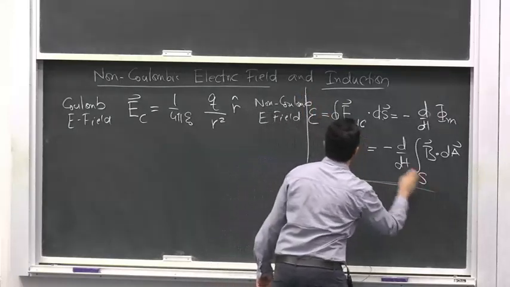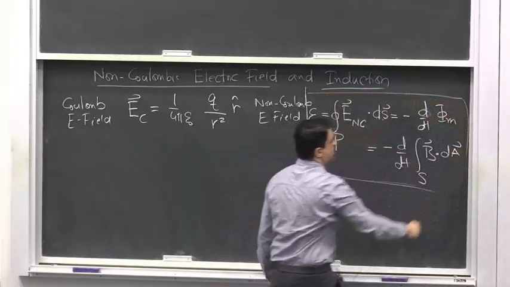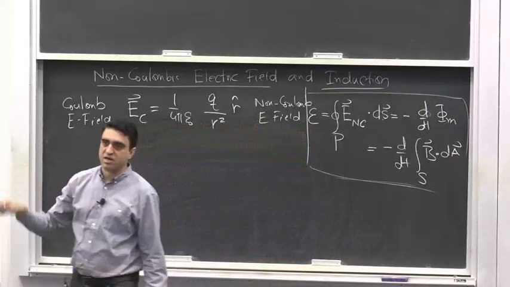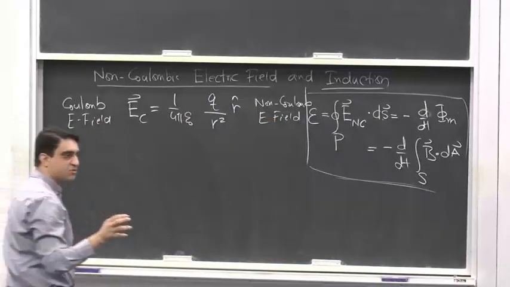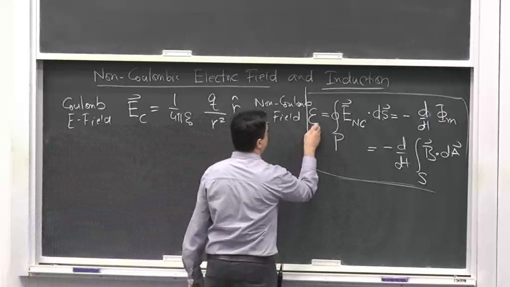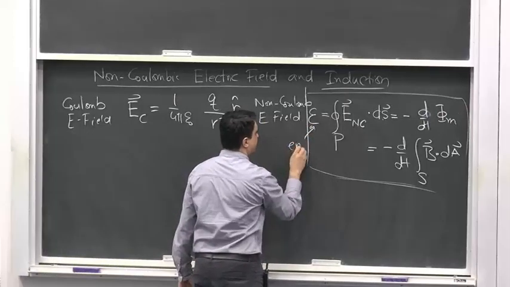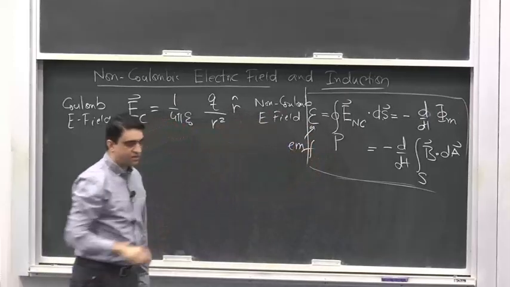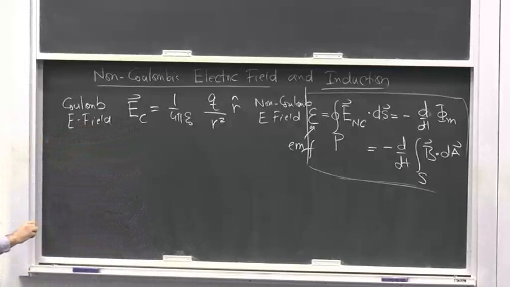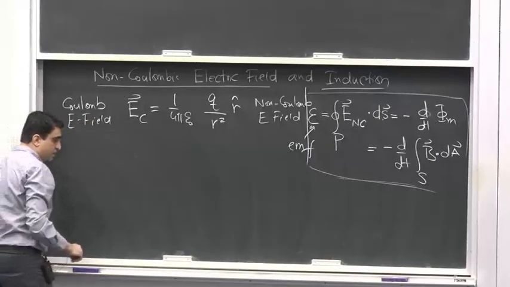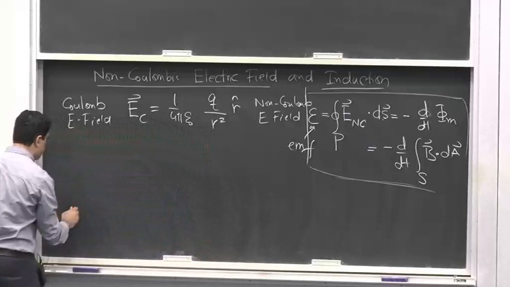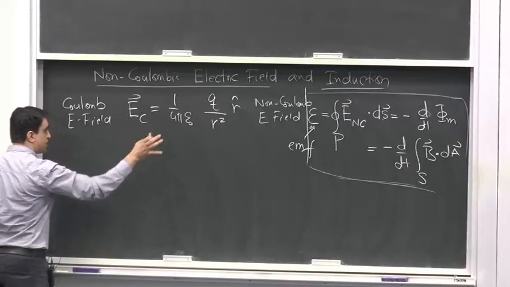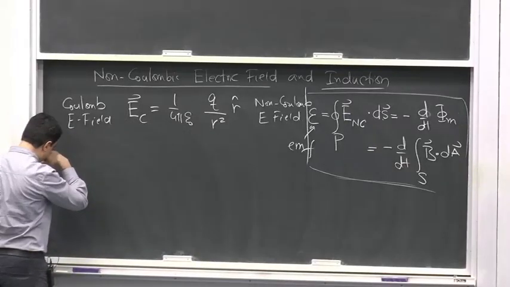So if you have an electric field which is produced, it can also drive currents, and if it can drive currents, we can say that it also produces an EMF as well, and that EMF is equal to that thing. So let's try to recap what we did last time, and just to explain what I mean by all this.